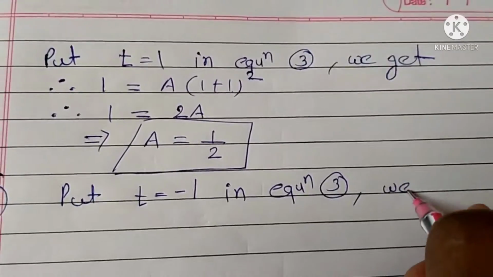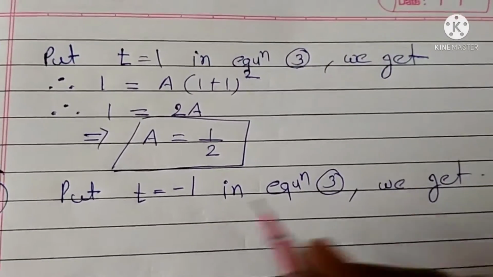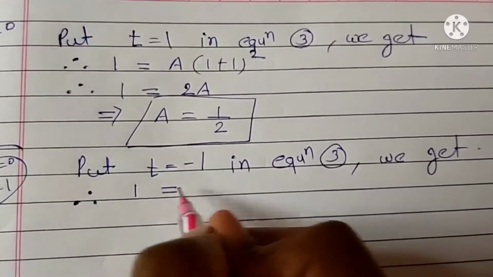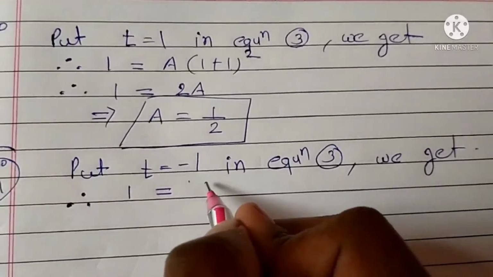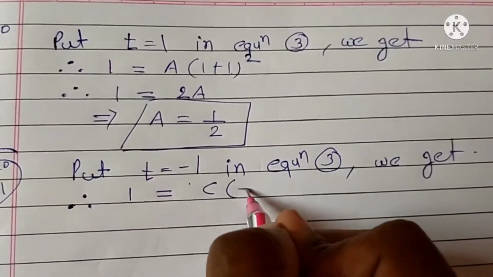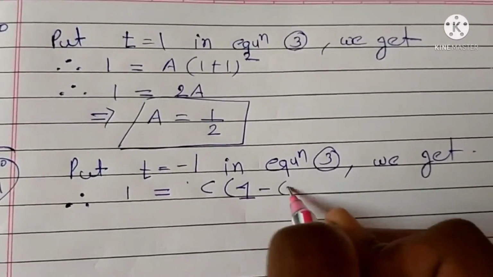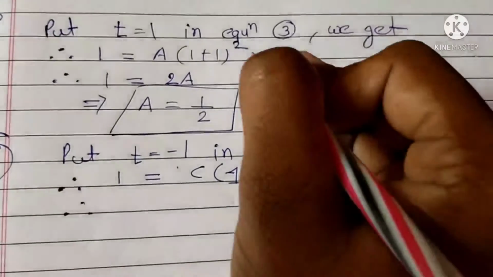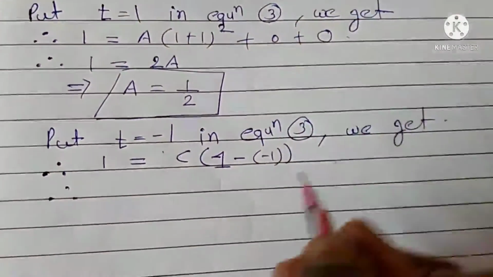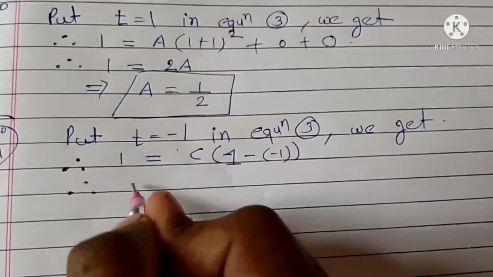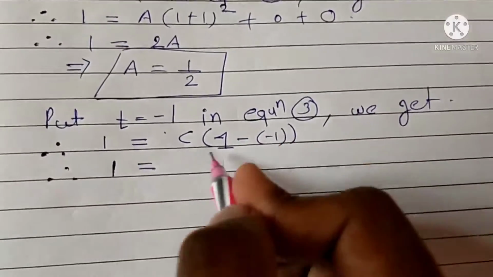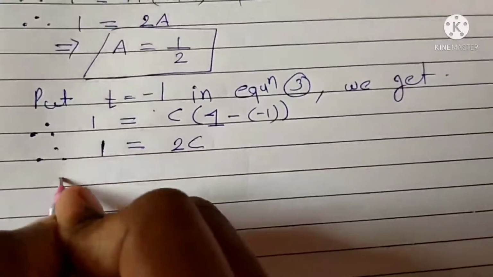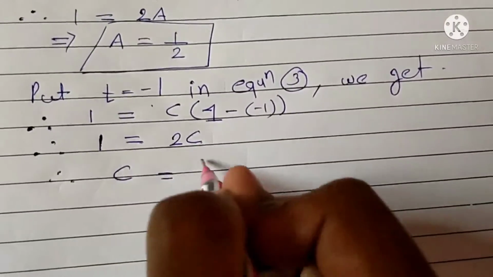We get 1 = c(1+1), and the remaining terms become 0. There is no need to write 0 plus 0. If you can understand, then you can write the same steps. So 1 plus 1 is 2c, and therefore c = 1/2.